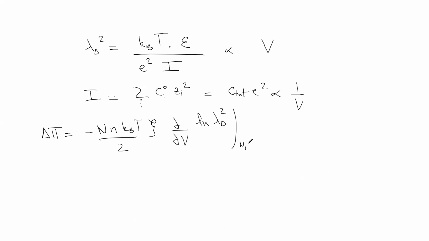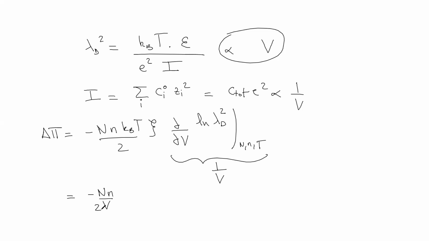Everything at N and T constant. And the prefactor in this proportionality relation does not matter because it's a log, so they will be simply additive. So I will only consider the fact that this is proportional to volume. And so this immediately provides me a 1 over V. I'm derivating the log of V, so I have 1 over V, and the rest are constants, so they won't play any role. So I end up with minus NN over V 2 kBT psi.